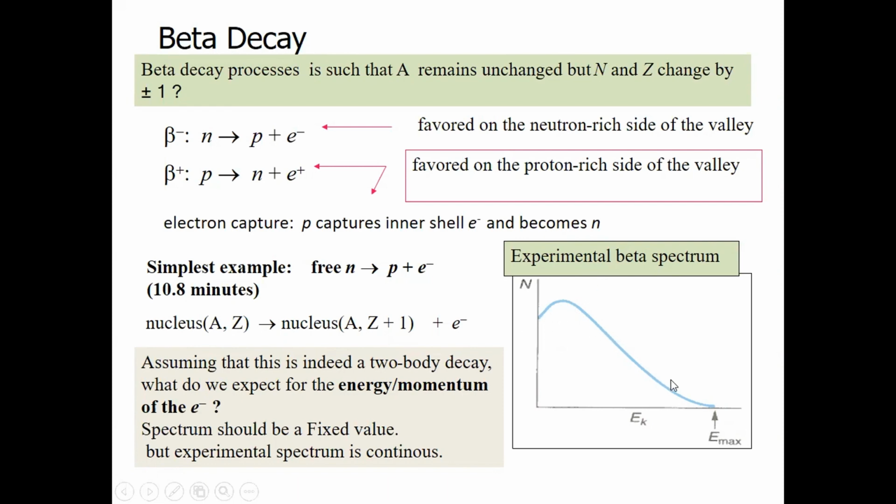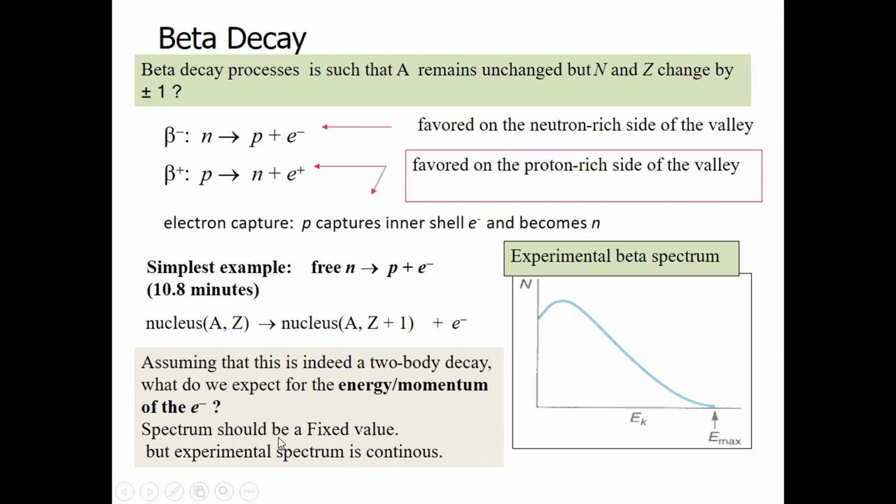This kind of a spectrum shows that it is a continuous spectrum rather than a discrete or a single valued. Although the transition should be such that one energy should be emitted, but here we observe so many different energies. So assuming that it is indeed a two-body decay, we expect the energy and the momentum of the electron to be fixed.